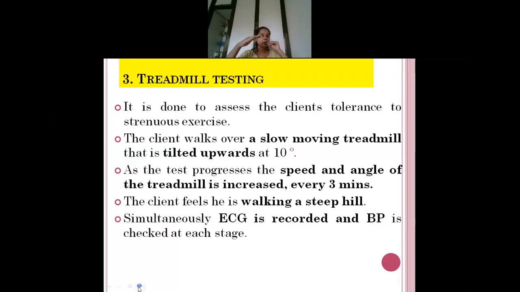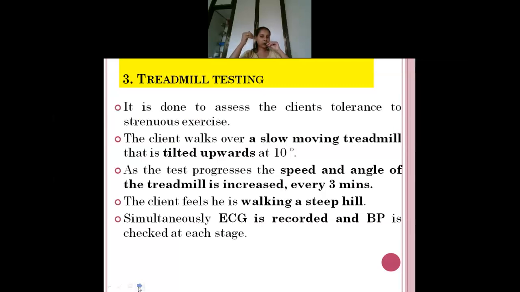You know, the treadmill will be having some motion, isn't it? Slowly the speed of the treadmill will increase. And the angle of the treadmill will increase. Initially it is straight, slowly once it is inclined, the angle will change. What will happen, the ability to walk will become more and more difficult for the person.